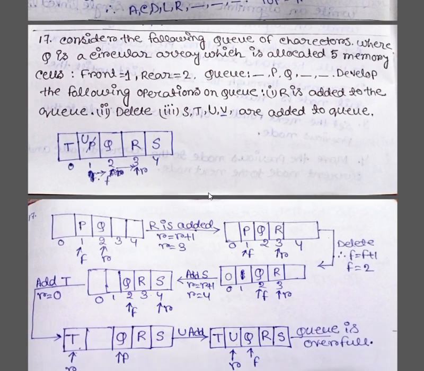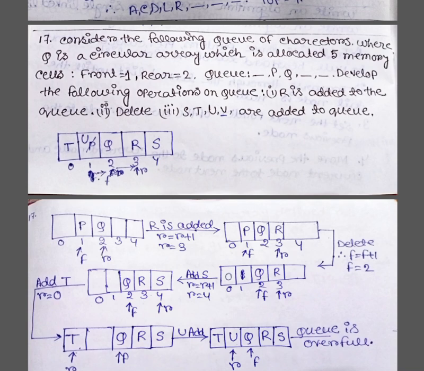At first our queue is like this. The zeroth index is void. Then P and Q. Sorry, the first and second index, only P and Q, these two elements are present. Here the front pointer is at the first position, and at the second index the rear pointer is there.